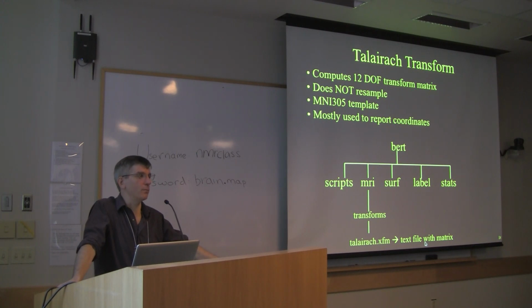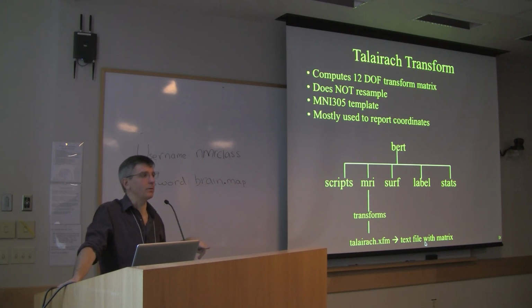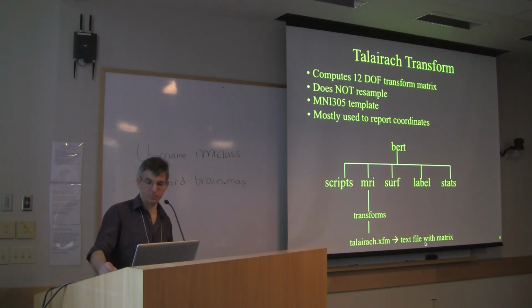So if you have a volume of hippocampus, that's the volume of hippocampus for that particular subject in the native anatomical space. And so everything that you see inside of FreeSurfer is native anatomical. We compute the Talairach transform as a way to be able to report Talairach coordinates. But for the most part, it's not used really all that much.